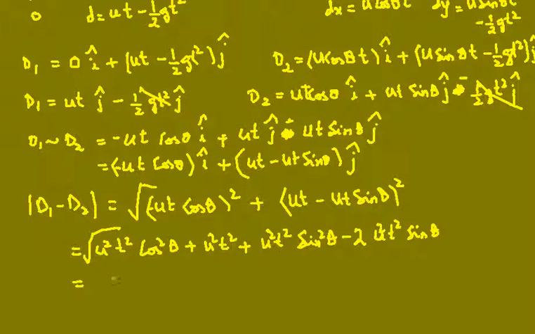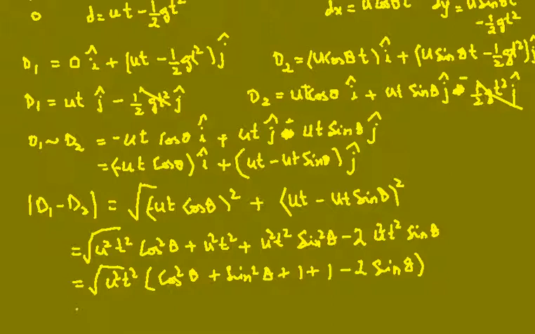Adding up, I would get u square t square into cos square theta plus sin square theta, plus 1 plus 1 minus 2 sin theta. Sorry, I put an additional 1 here which belongs elsewhere. Since cos square theta plus sin square theta is equal to 1, that would be 1 plus 1 minus 2 sin theta, with the square root still on.